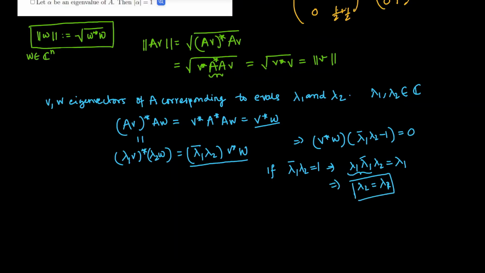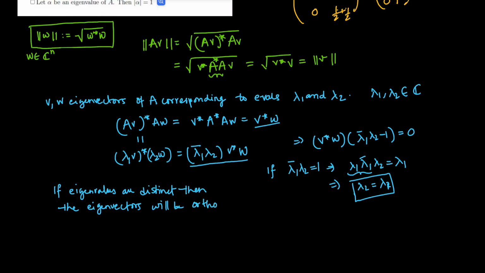So what can we conclude? We can conclude that if the eigenvalues are distinct, then the eigenvectors will be orthogonal.